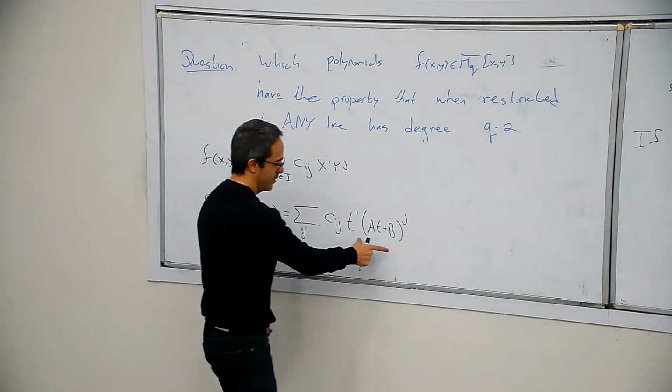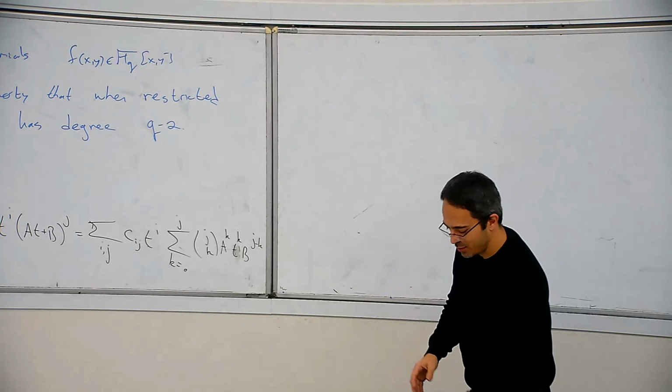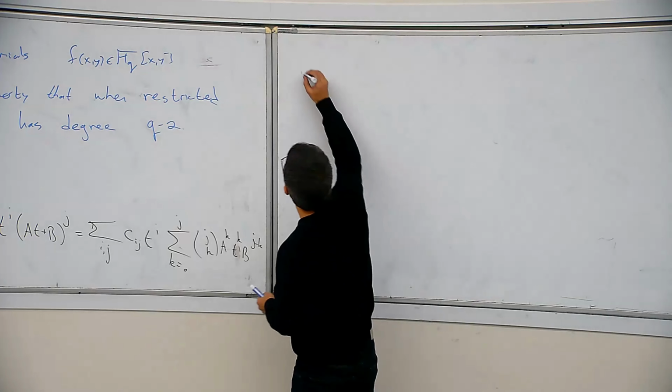So now looking at that, you can ask what's the coefficient of t to the q minus 1. Let's denote it like that. Well, you have to sum over i, because there are many ways to get t to the i here, but the other factor has to complement it. So k has to be q minus 1 minus i.